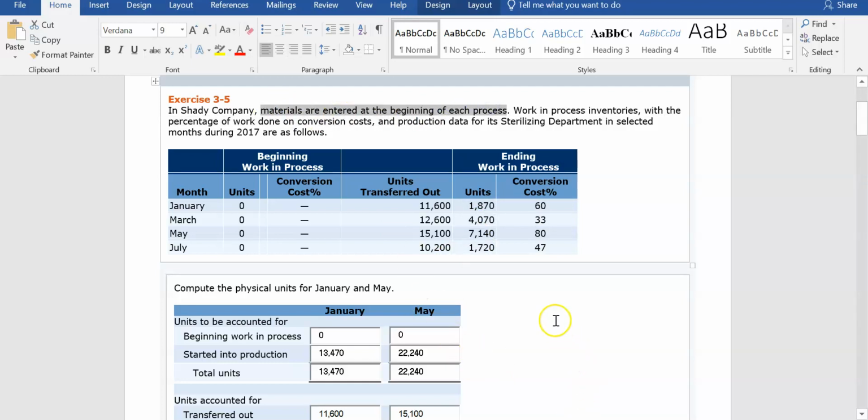Okay, so there is no partial completion for materials. All units completed and transferred out, and all units that are still being worked on have all of their materials. Okay. Biggest difference between the units transferred out and the units still in process is that the units that are in process still need to have some of their labor and overhead efforts added to them to complete them.